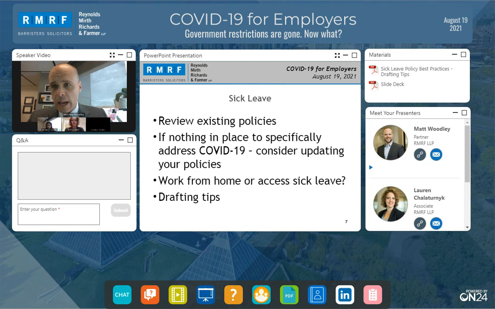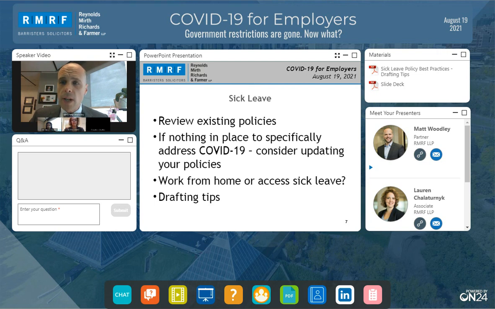Have clear language with respect to sick leave usage. Your organization may not have sick leave, so think about whether or not you'll give the option for individuals to take vacation time or unpaid leave time, and deal with issues around non-compliance. So what are the consequences if an employee breaches the policy?